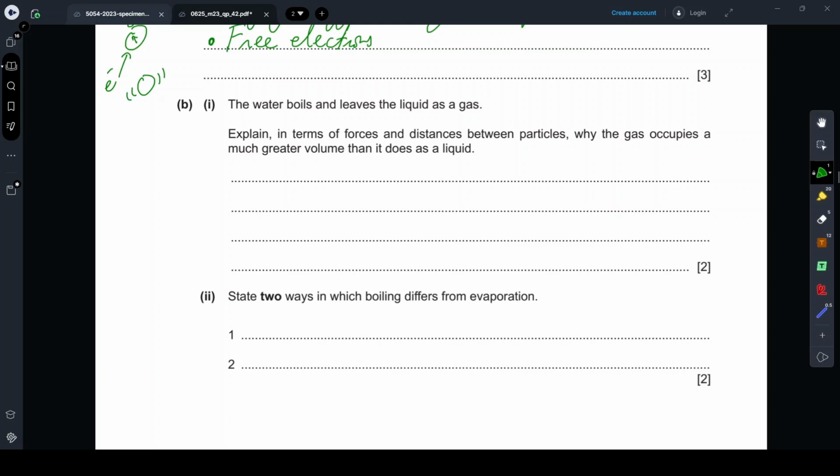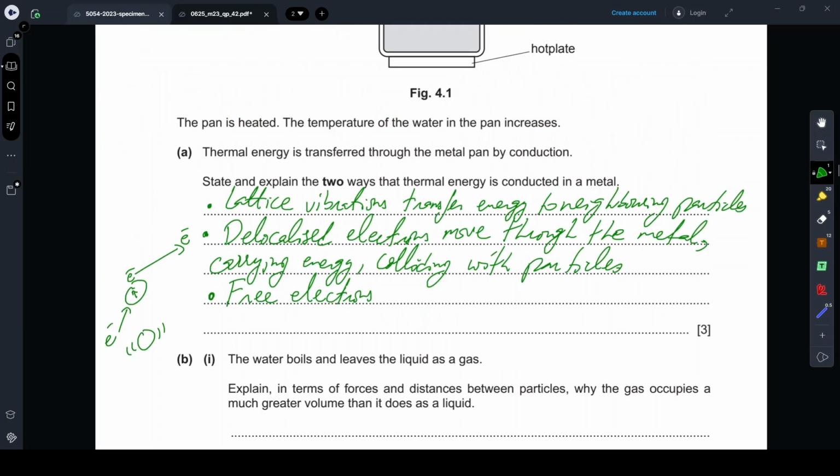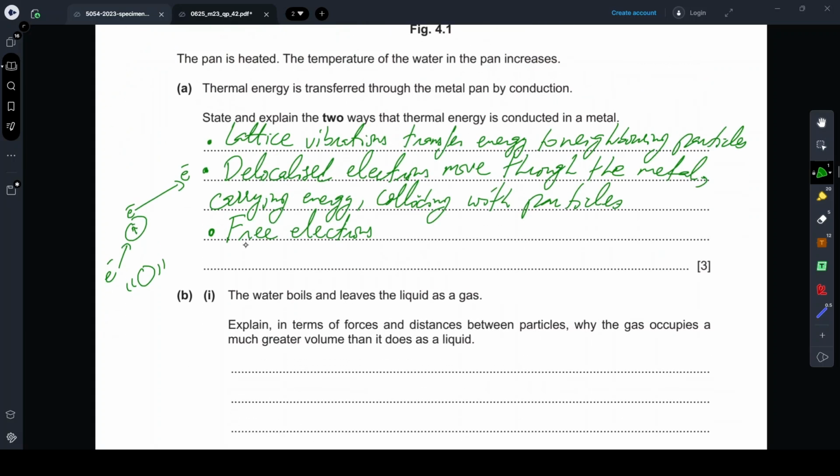It happens sometimes because you don't really know what the examiner wants in O level IGCSE. It's usually very straightforward, but sometimes in certain questions they're expecting a bit more, but you don't know which part. So in those cases, if you think there are only 2 points and there are 3 marks, you can give detail for the lattice vibrations and for the delocalized or free electrons, because delocalized and free electrons are the same thing.